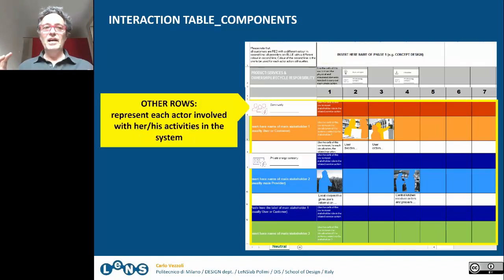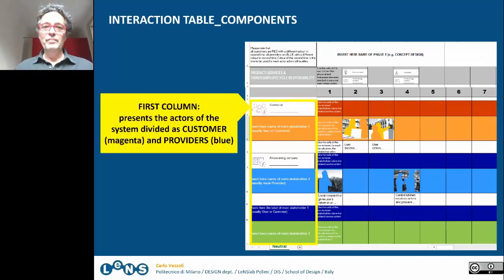Then we have other arrows, and for each of the arrows, we have the story or the action related to the different stakeholders. So the stakeholder actually will be highlighted and identified by a label in the first column, either they are provider or customer.